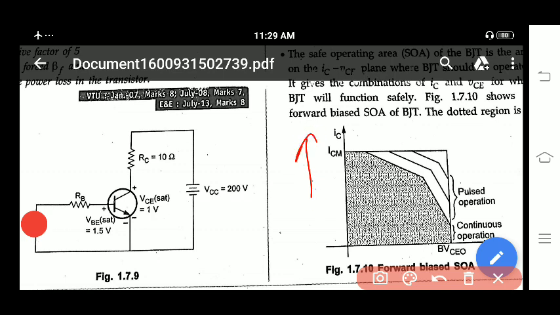Here you have IC versus VCE. In this region, the BJT can operate without any damage. At this border, the temperature of the BJT will be high.